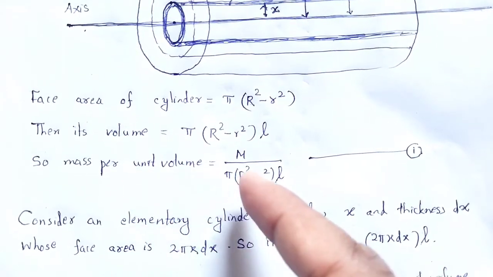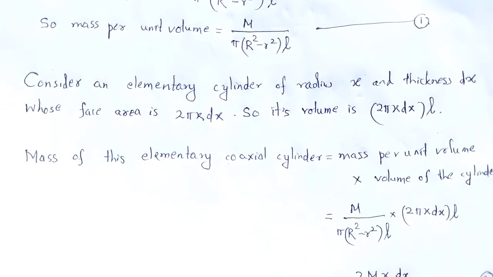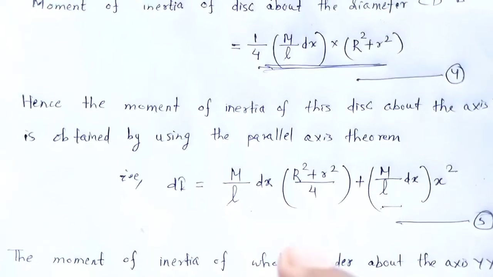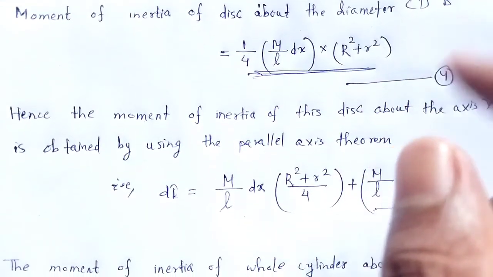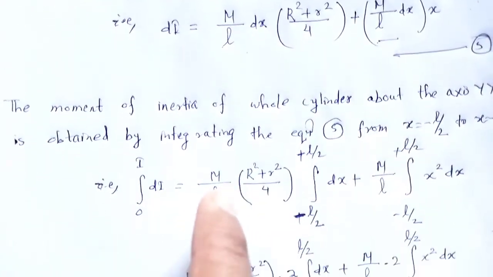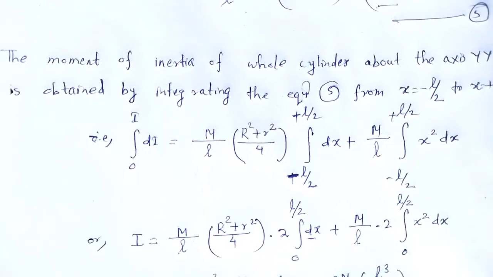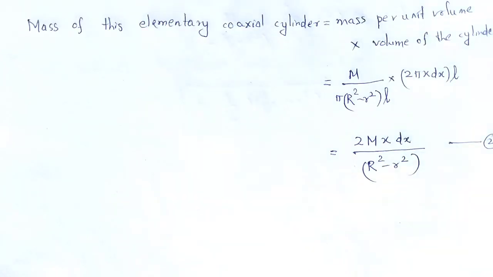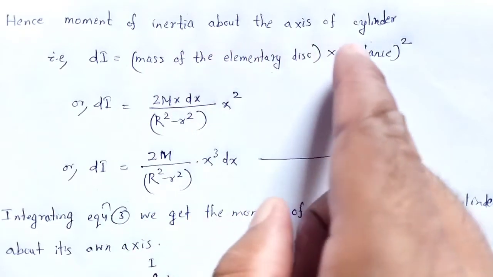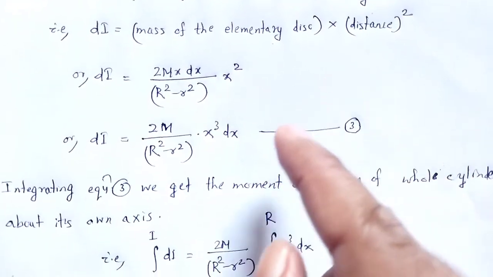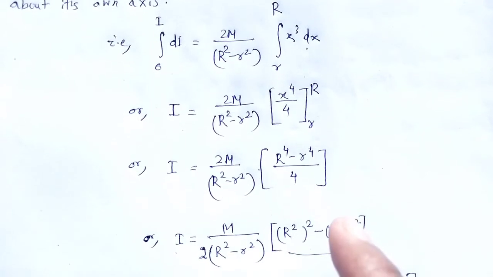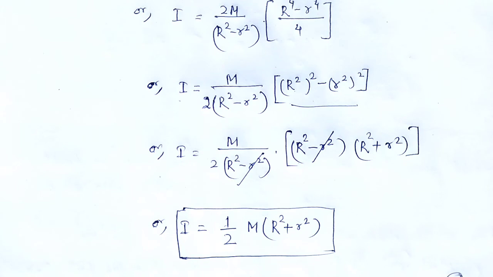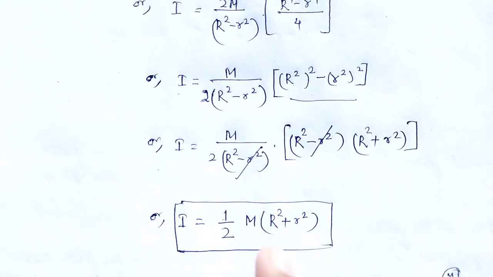First we calculate the mass per unit volume, then the mass of the elementary portion, and find out the moment of inertia of the elementary disc about the axis. We calculate the moment of inertia of the elementary disc and, integrating with proper limits, we find the moment of inertia of the hollow cylinder about its axis. This is the required expression.